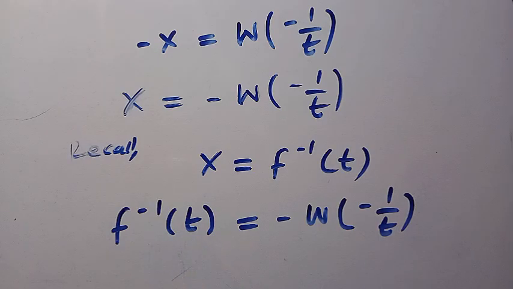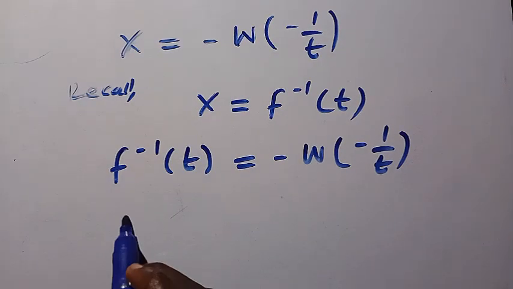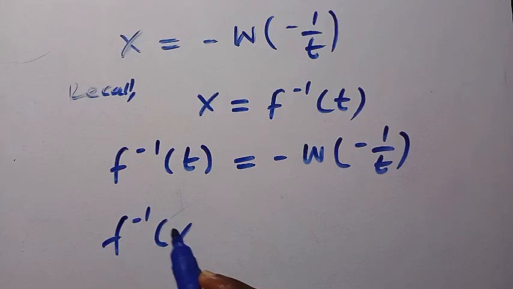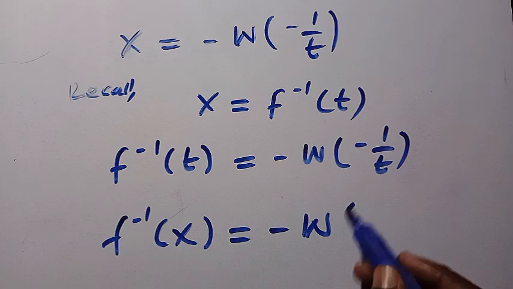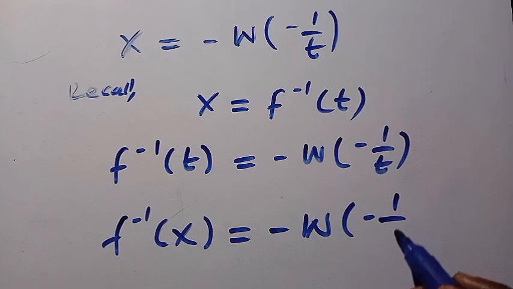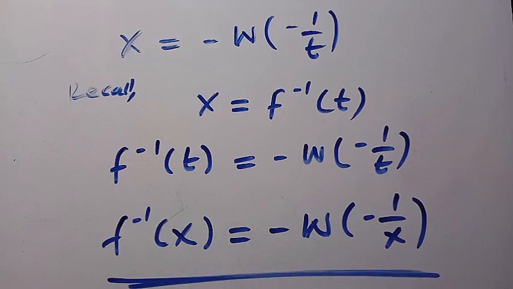And let's switch t back to x, as we have f inverse of x equals minus omega of minus 1 over x. This is the result.